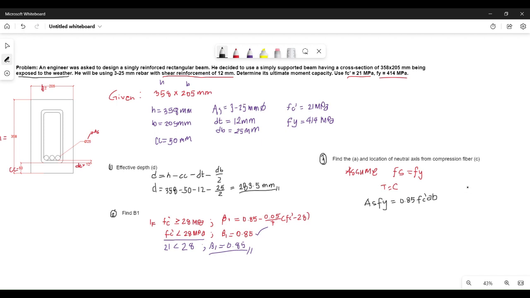So, substitute natin yung mga given value from our problem. We have area of steel, may tatlo, 3 25 millimeter rebar.